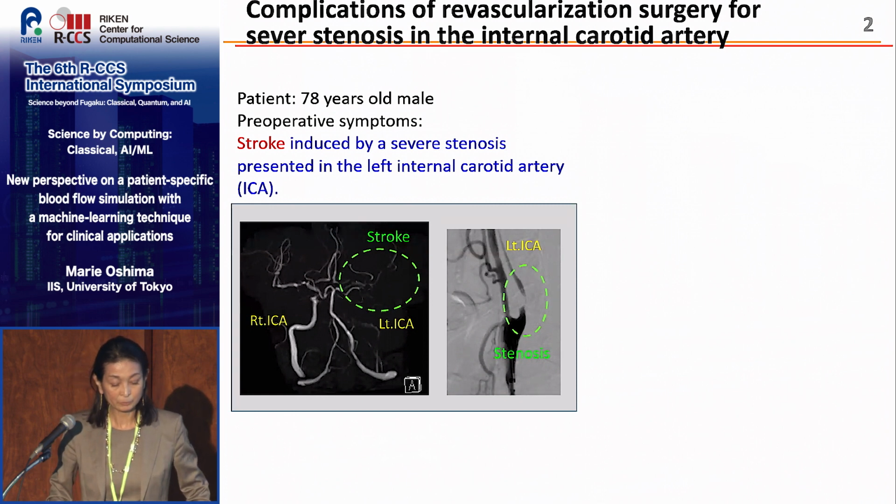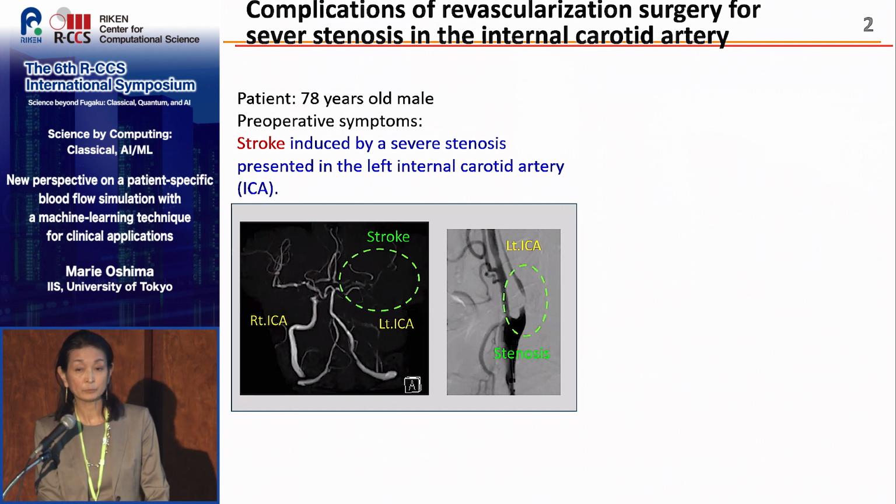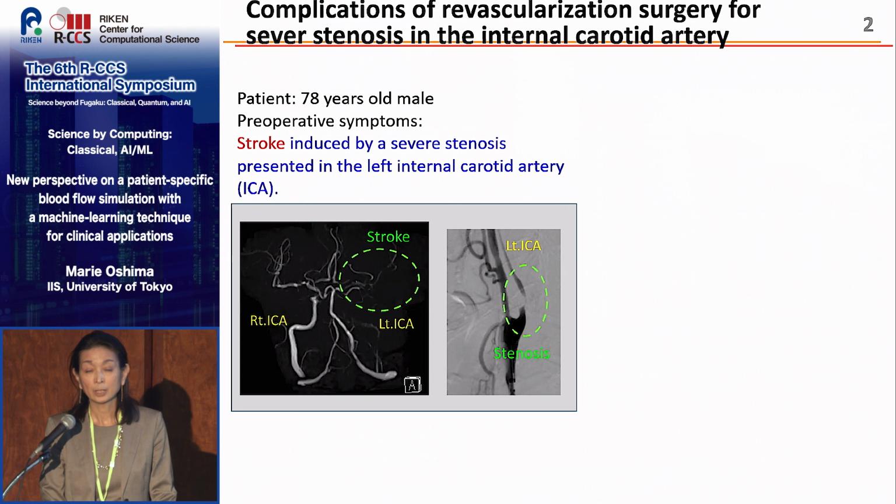This is a 78-year-old male, and he experienced a stroke induced by a severe stenosis presented in the left intercoronary artery. He came to the neurosurgeon who we've been working with.